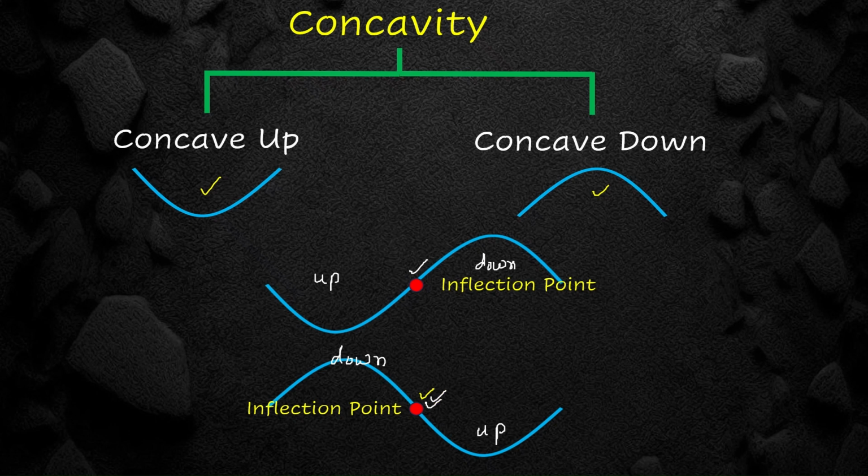So this is the point of inflection. So we can say that the point on a curve is inflection point if before the curve is concave up and after the curve is concave down, or before this point the curve is concave down and after the curve is concave up. That is, the concavity of the function or the curve changes.